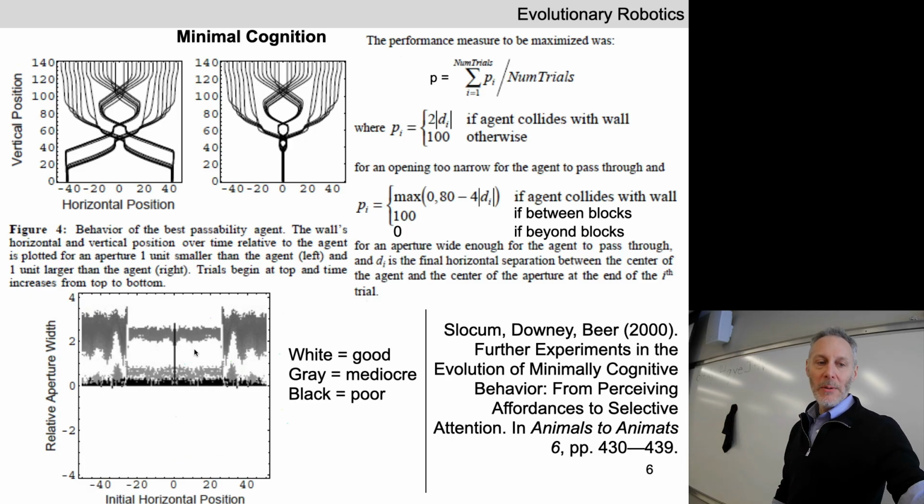Okay, tell me about what's going on in the top half of this figure. First thing you should notice is obviously not so good. Remember, the top half is passable gaps. In theory, the robot should be able to thread the needle.